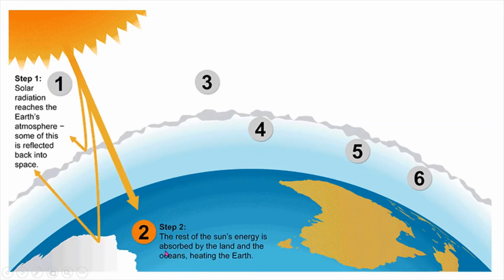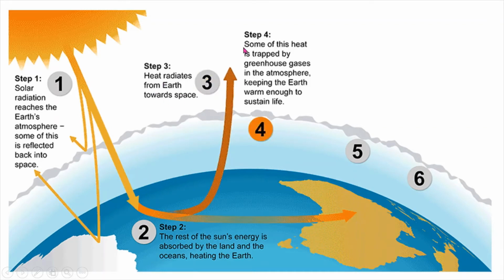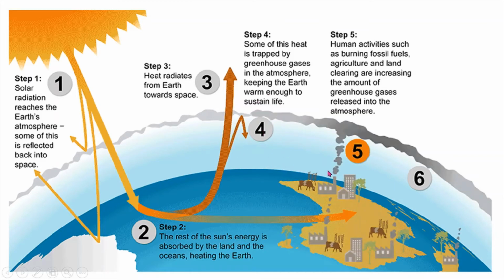The energy is absorbed by the land and ocean, and that is heating the Earth. Then after absorbing, it is also reflected back, and heat radiates from Earth towards space. Only a few rays are absorbed and the remaining are reflected back, and some is trapped in the atmosphere due to the presence of gases, chlorofluorocarbons and carbon dioxide, which cause the greenhouse effect.